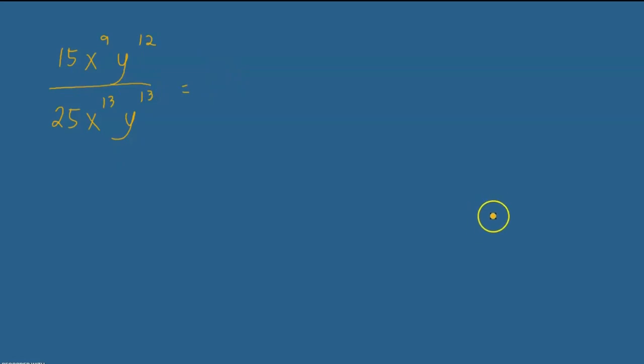Paano yun, sir? How about 15 over 25? Hindi naman po siya magkakaroon ng perfect answer. So, let us get the lowest term. What is the lowest term of 15 over 25? So, both numbers are divisible by 5. Okay? So, 3 over 5.